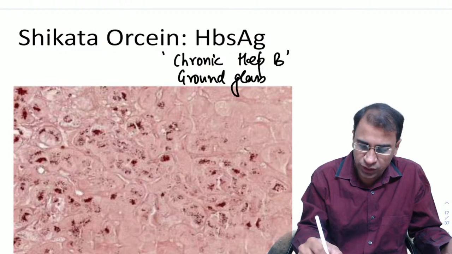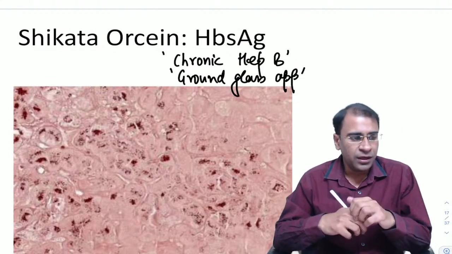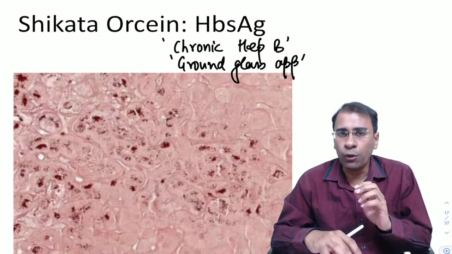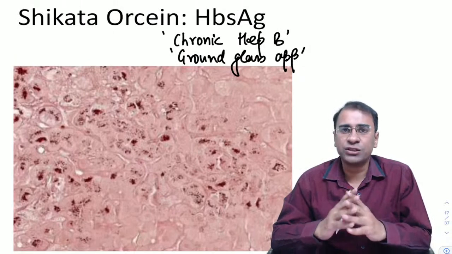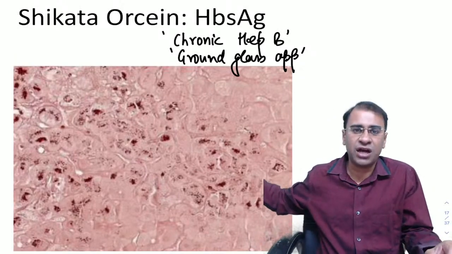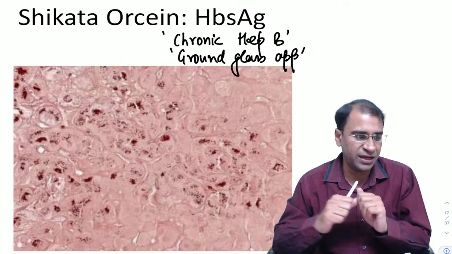So if a biopsy of the liver shows you a ground glass appearance, then always think it can be a case of chronic hep B, and the patient should be tested with Shikata orcein stain, which is looking for the HBsAg antigen. Okay.